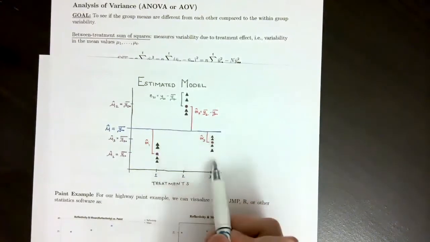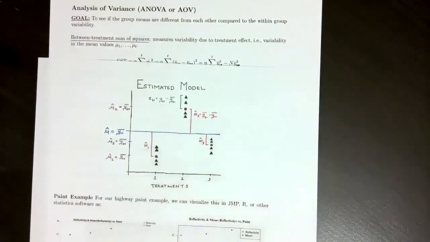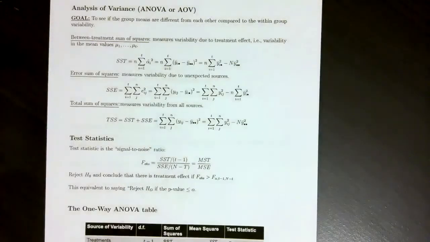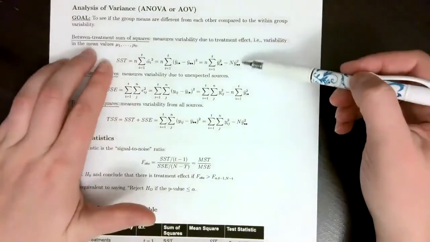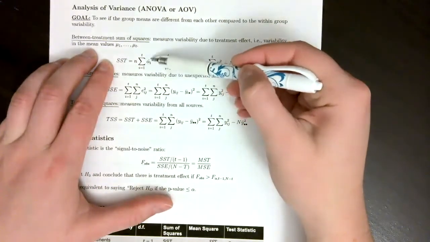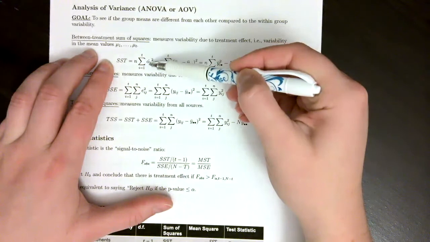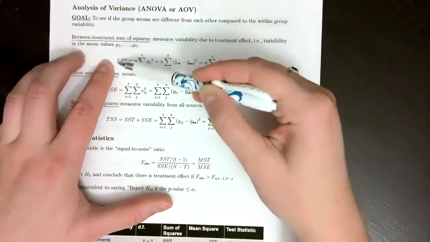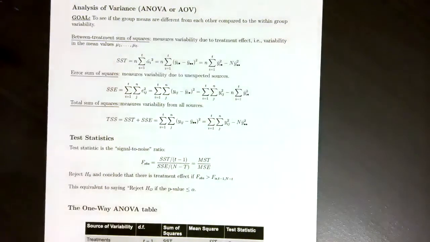We're looking at the differences between the groups, and we're trying to see if there's an actual signal here. I wrote out the notation. You can see that we're squaring our alpha_i's. The alpha_i's, our treatment effects, are playing an important role in the between treatment sums of squares. That's where our variability due to treatment effects is coming in.